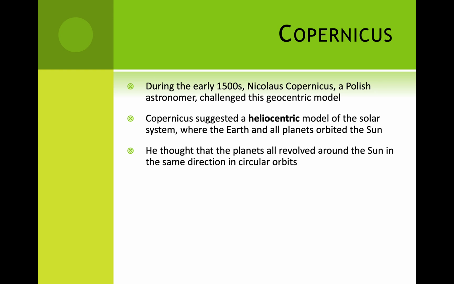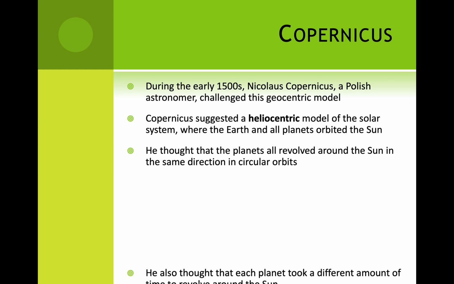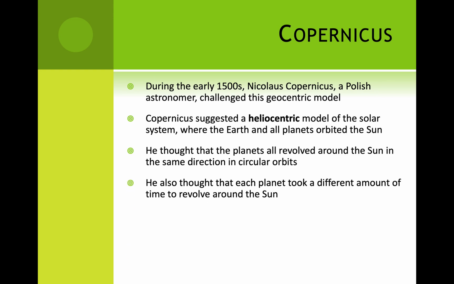They are not perfect circles. They are off a little bit, but he was pretty darn close. And he also thought that each planet took a different amount of time to orbit the sun. So he started to posit that every planet had a different orbital period, the length of one year on each planet was different.